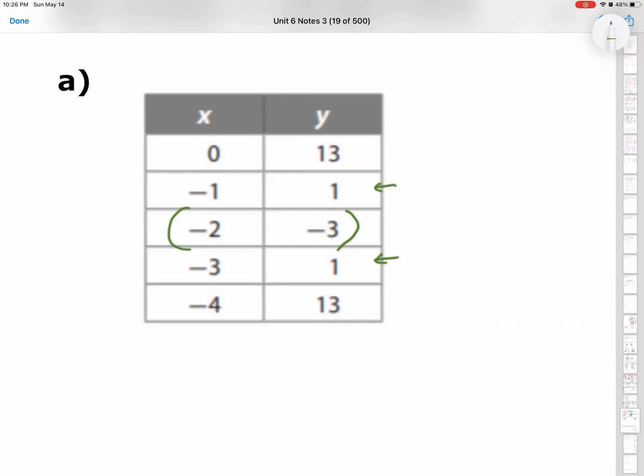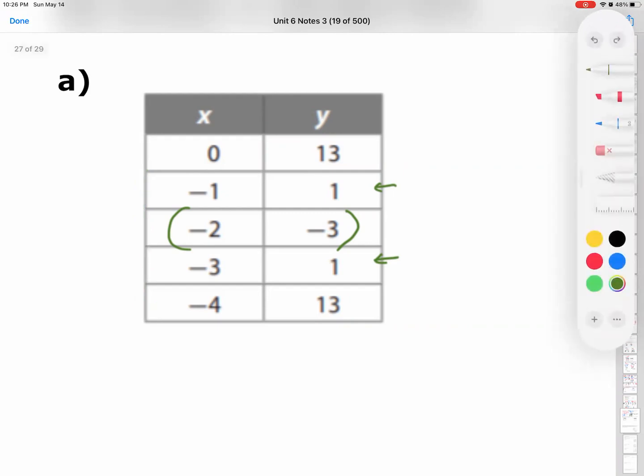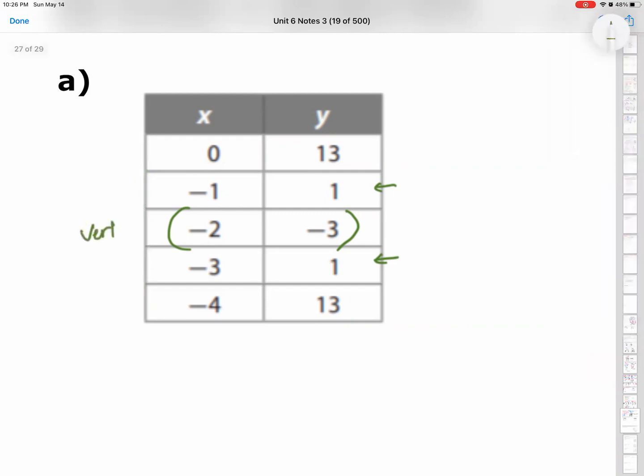What that's telling us is, because this is following a consistent pattern with the x's, that value in the middle is actually our vertex. And so we can use vertex form to help us out here. So we have y equals a times (x minus h) quantity squared plus k. And we know the vertex. This is our h value. This is our k.